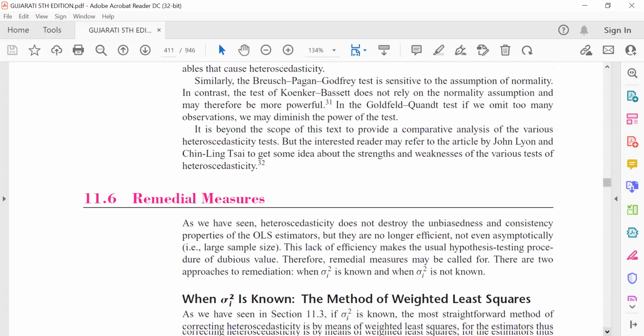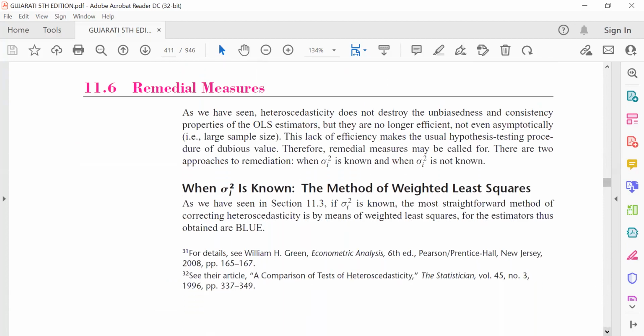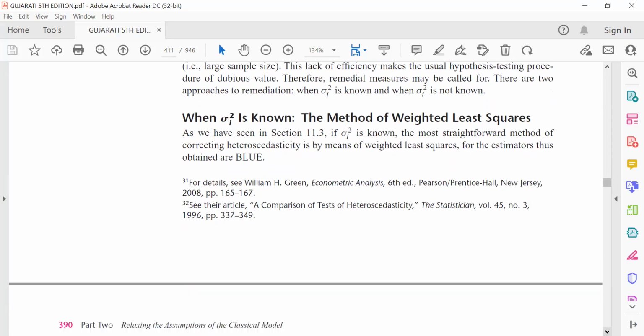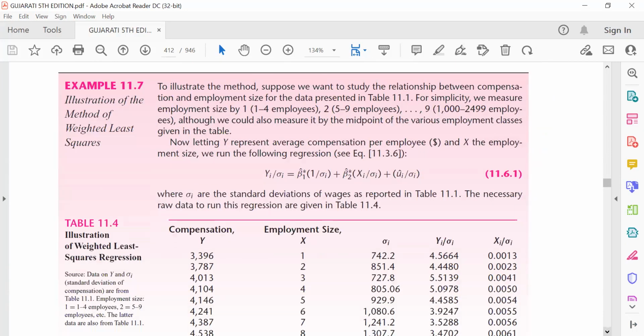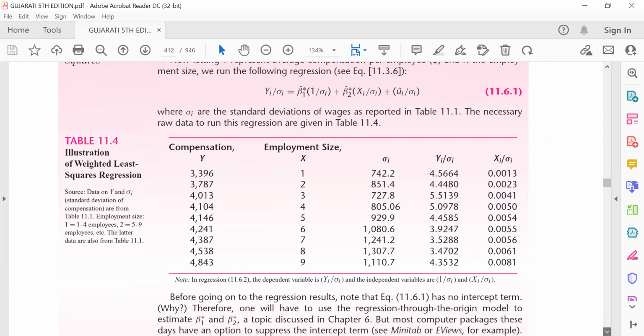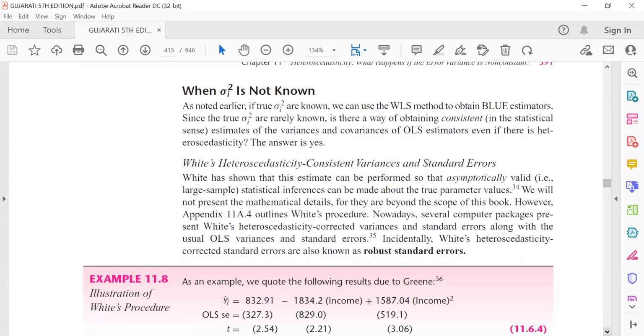How to remedy the heteroskedasticity? I explained this model already, in the beginning of this class.